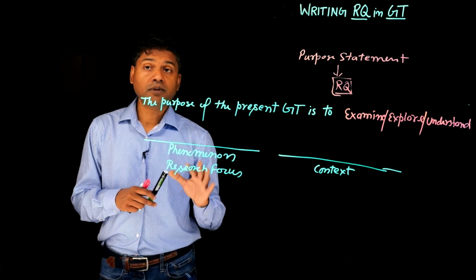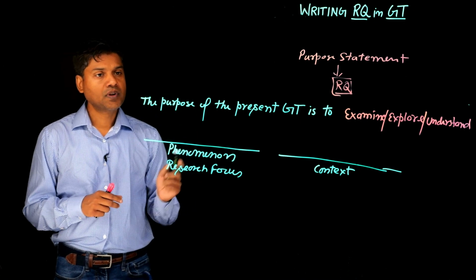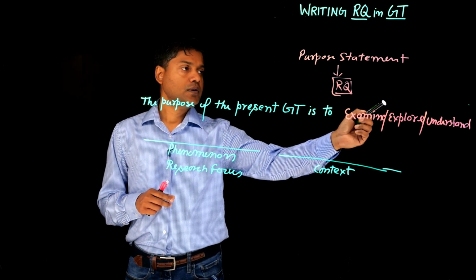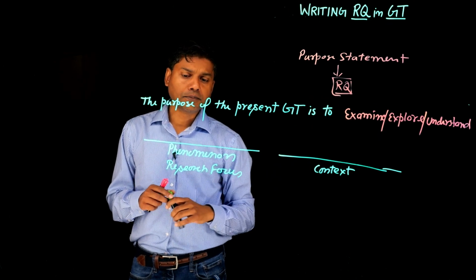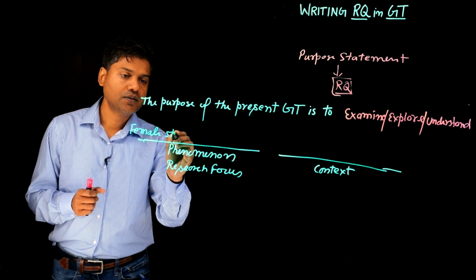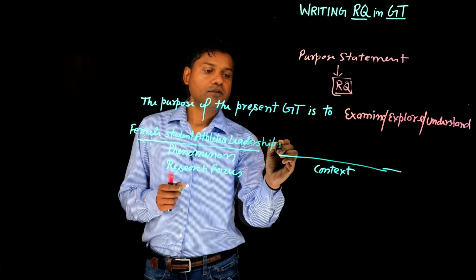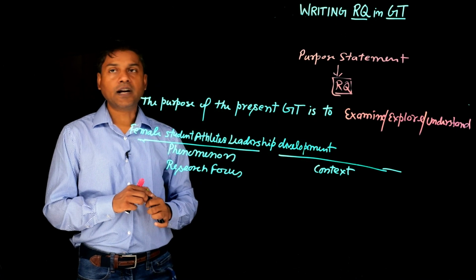So I could write my purpose statement as: the purpose of the present grounded theory is to explore female student athletes' leadership development. So that's the phenomenon.